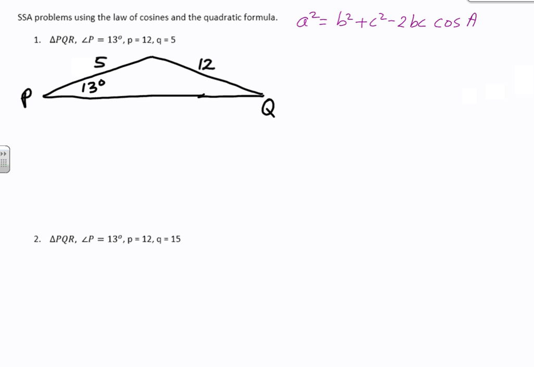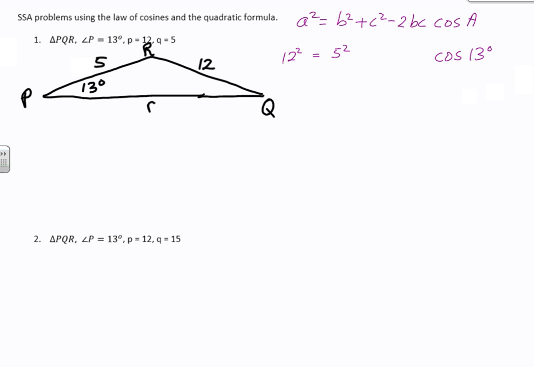Well, we've got P's and Q's, and in this triangle, we have an R up here. And this would be side R over here. So let's fill in the things that we can. The only angle I have is 13 degrees, so that's got to go over here, cosine of 13 degrees. And the pattern is that if angle P is over on that side, side P has got to be across the equal sign over there. And then I fill everything else in this picture.